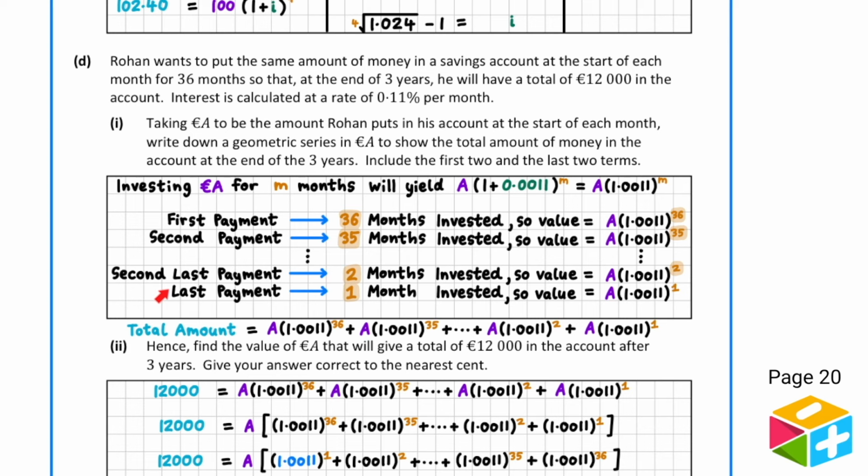The value here will be A times 1.0011 to the power of 1. To find the total amount in the account at the end of the 36 months, we simply add together the yields for each of our 36 payments.